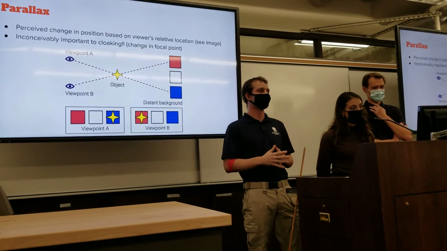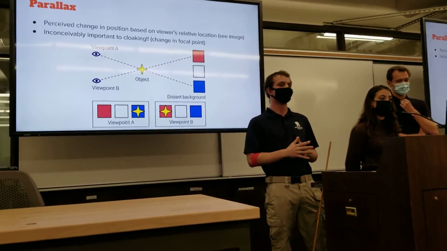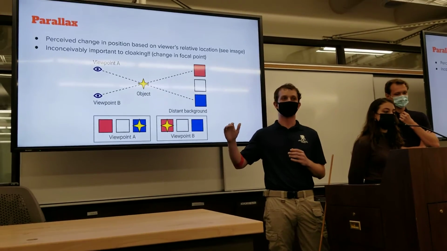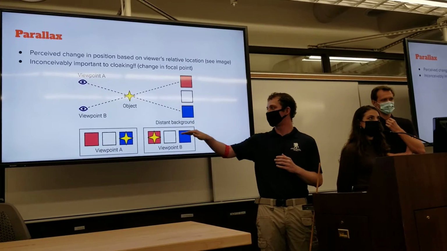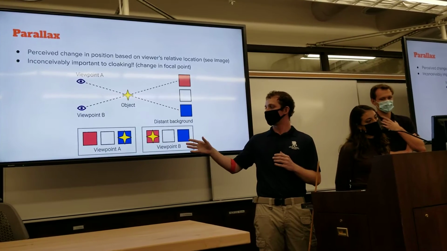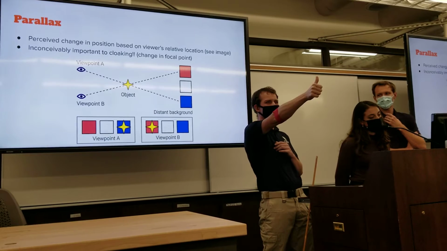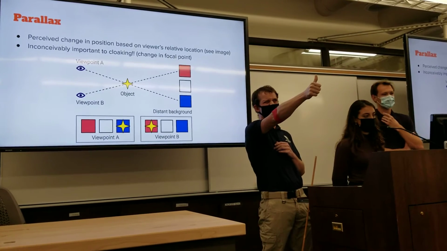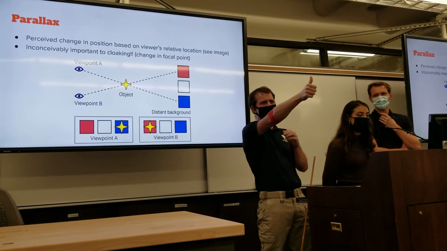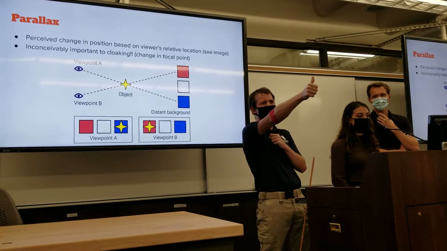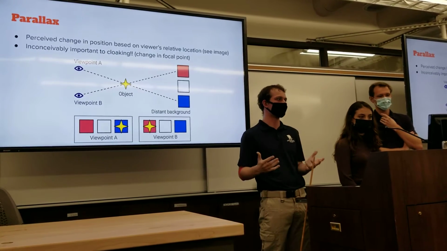Parallax is the perceived change in position based on the viewer's relative location. As you can see here, based on where the viewer is, they will have a different perceived image. A very common example of this is if you hold out your thumb at something and cover it, close one eye, and then switch to the other eye. Like here, I have that camera covered by my thumb, but now that I do it, I have to actually adjust it because I have a different relative location.